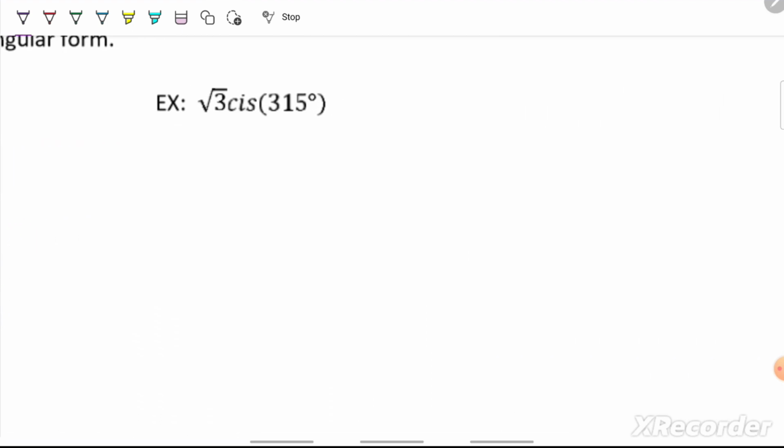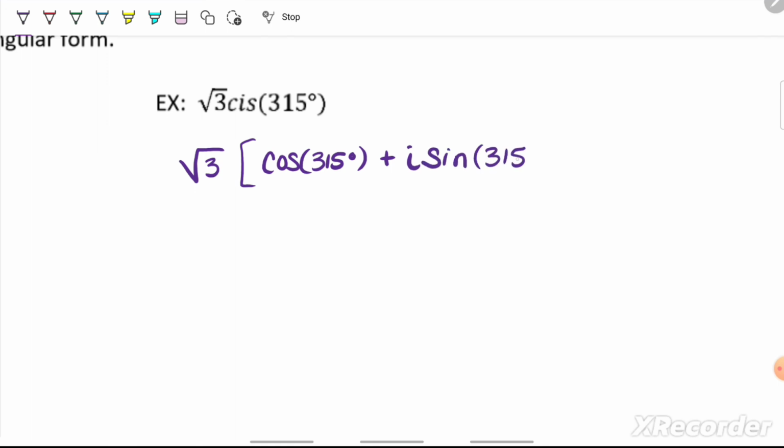Our next one is written in our abbreviated form. So I'd just start by writing it in the more expanded form. This is the square root of 3 times the quantity cosine of 315 degrees plus i sine of 315 degrees.